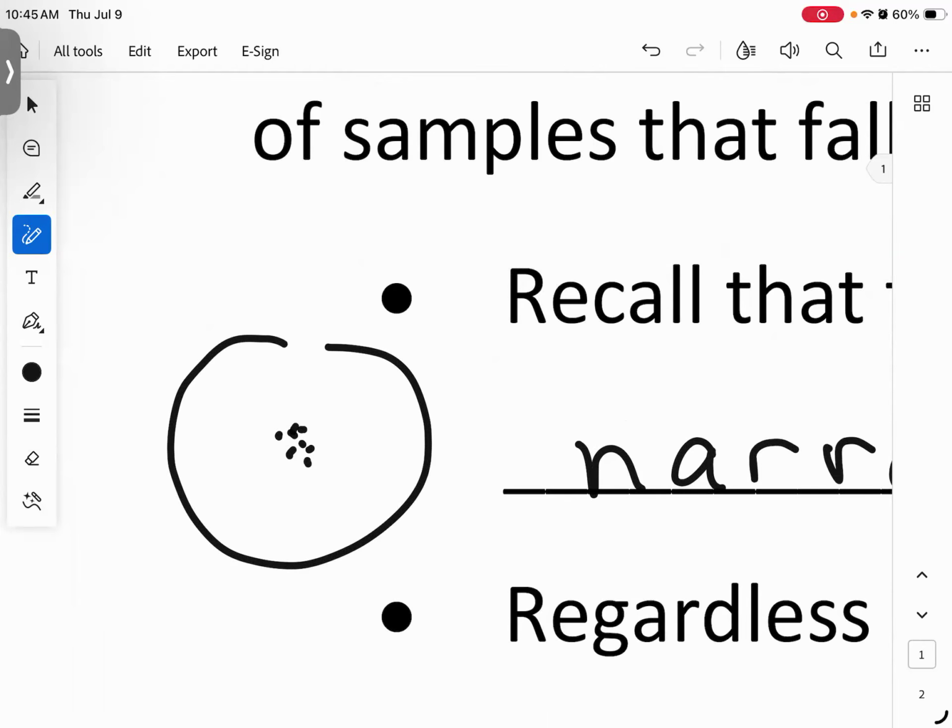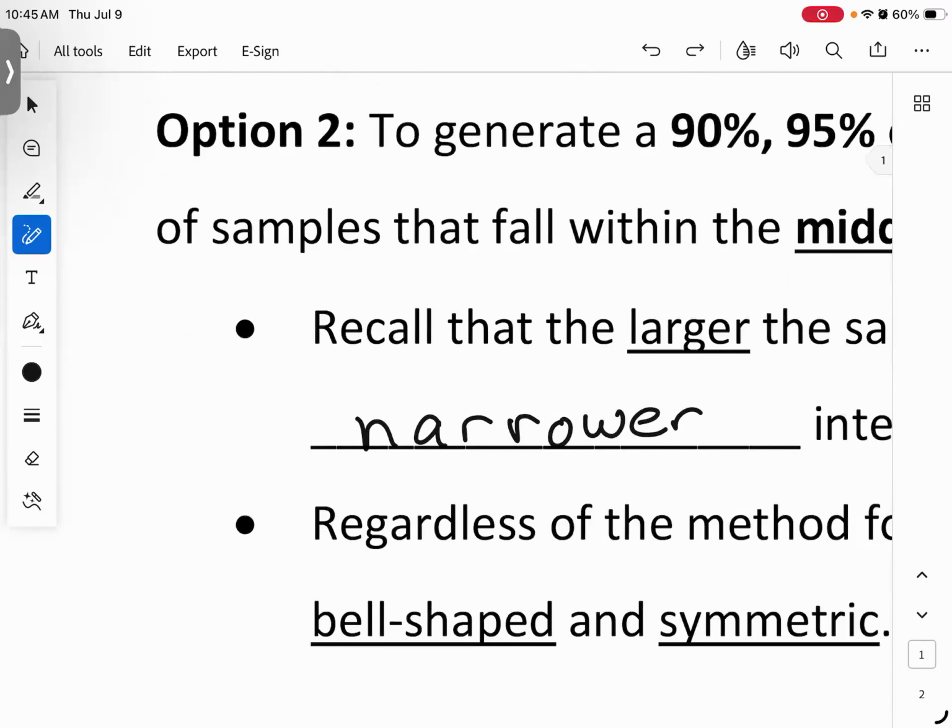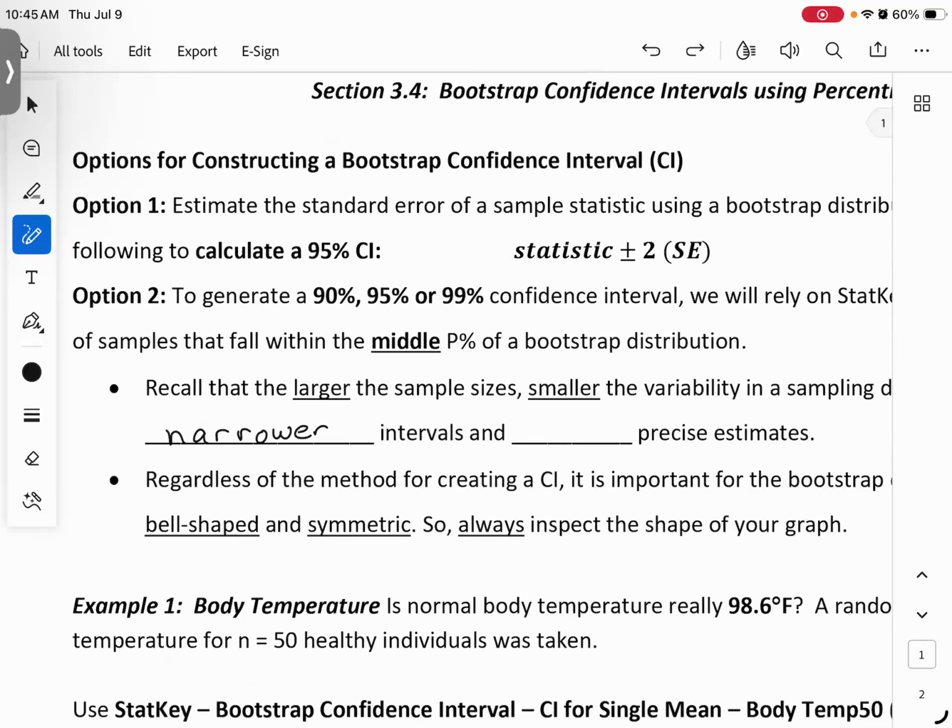It'll shrink your standard error. And that's a good thing, because narrower intervals mean we're getting a more precise estimate, a tighter window for where the parameter is.